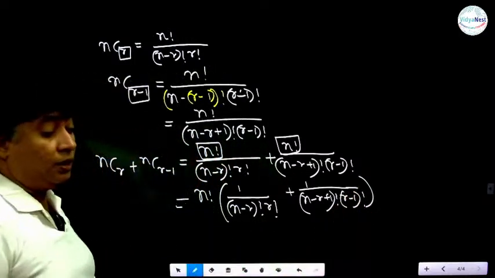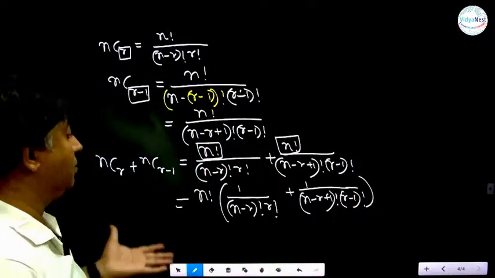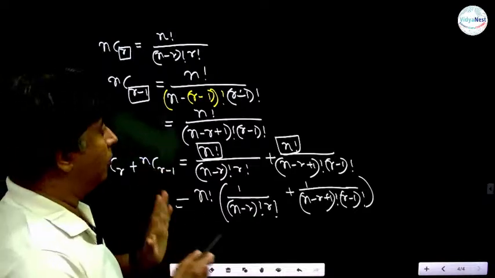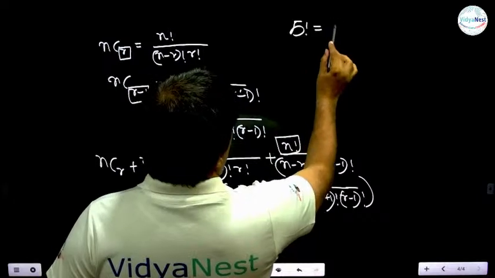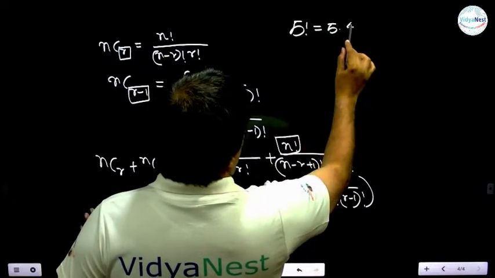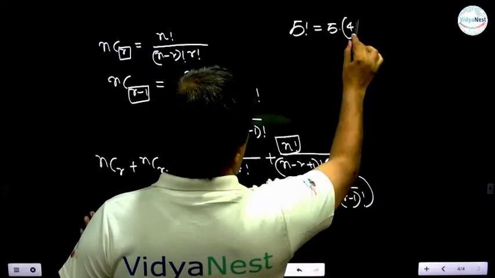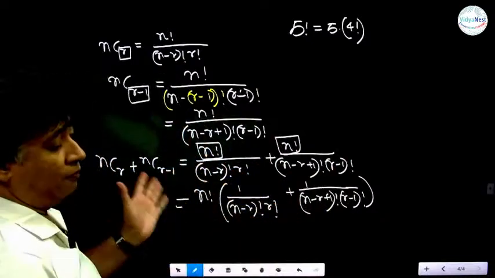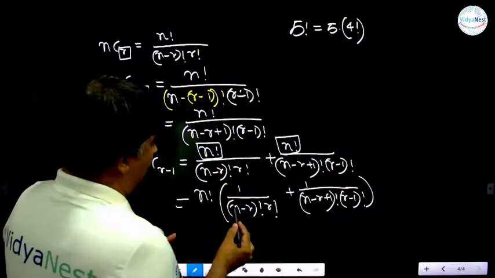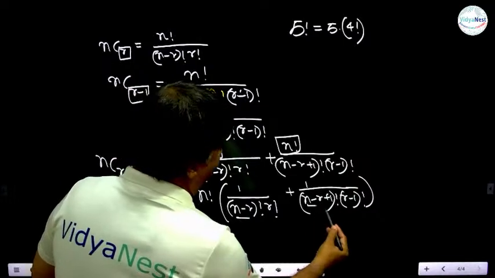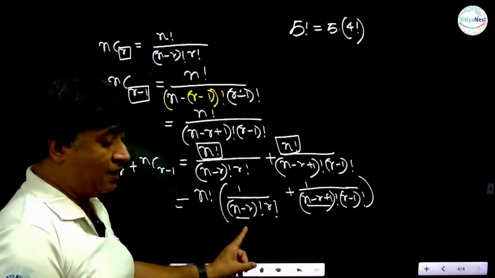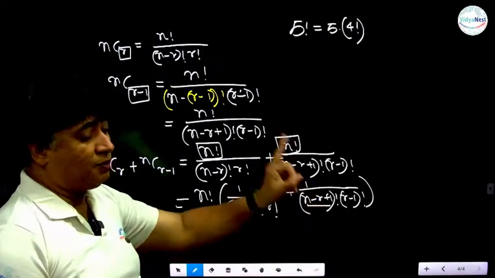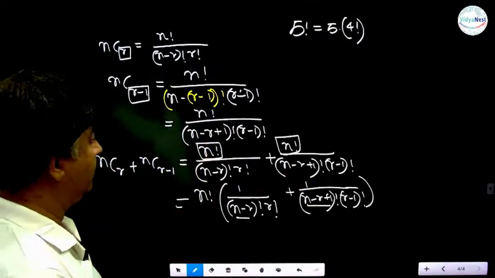Now how can we simplify it more? We know, say, factorial 5. Factorial 5 means 5 into the factorial of its preceding number, 5 into factorial 4. Now tell me, out of n minus r or n minus r plus 1, which is bigger? Good.